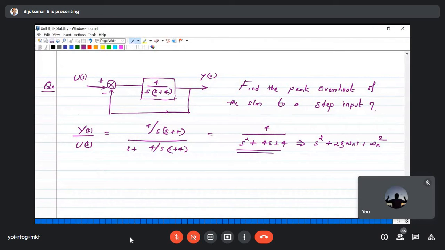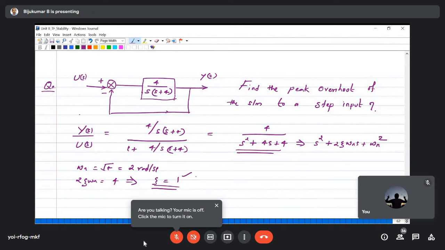So what is zeta if you compare both? Omega n is equal to root 4, which is equal to 2 radians per second. 2 zeta omega n is equal to 4.